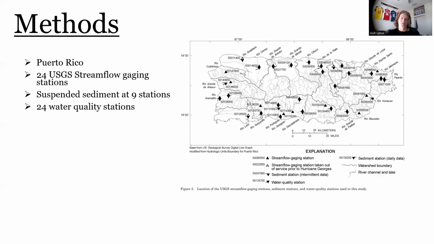This just measured the amount of suspended sediment that you can see in these river ecosystems. And then also 24 water quality stations, which refers to wastewater specifically, and how clean the water is in terms of waste. Those were measured around the Puerto Rican layout as well. But that's mainly the methods. They took these stations, collected data from them, and then analyzed that data.